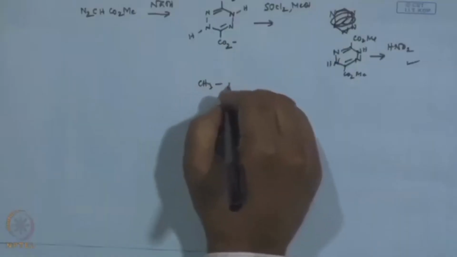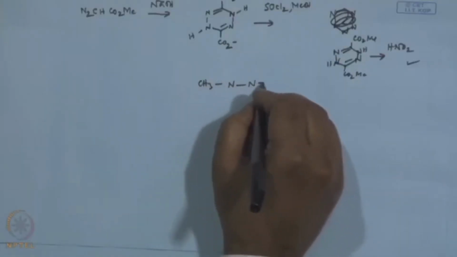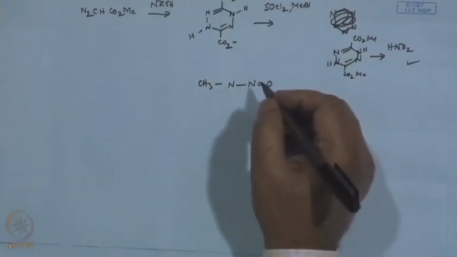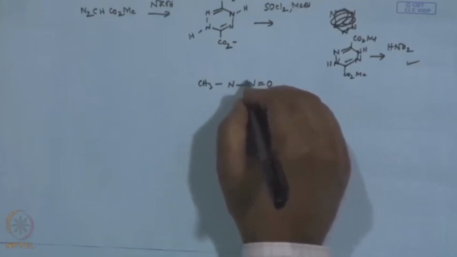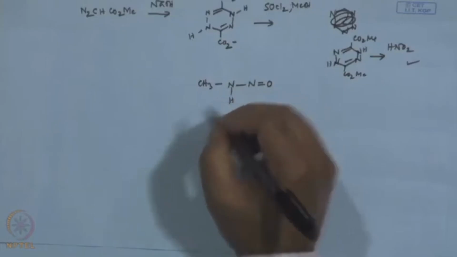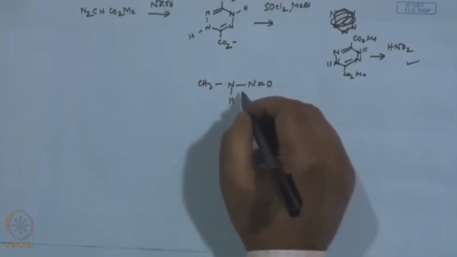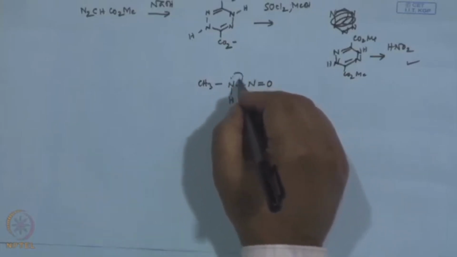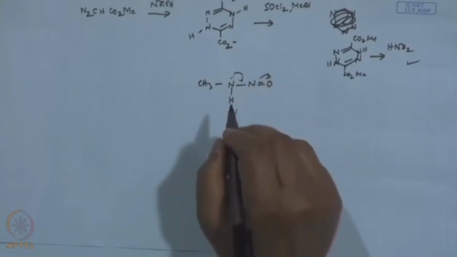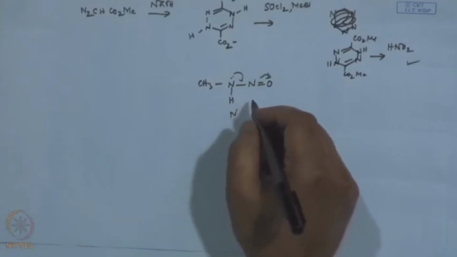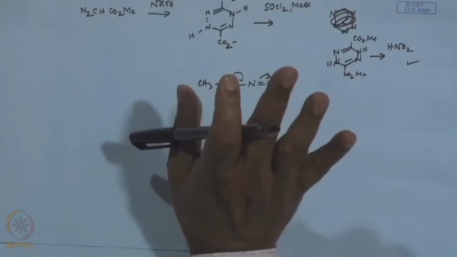So for diazomethane, let us say you have a nitroso compound of this kind, with NH, this sort of compound you have to have. This sort of thing should be there, and we can go on, but it doesn't form, that's for sure.